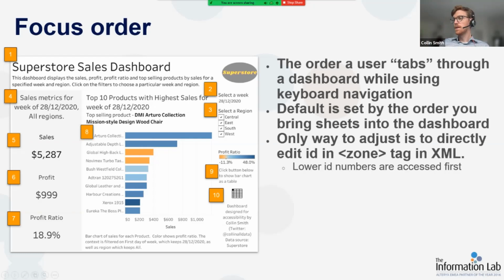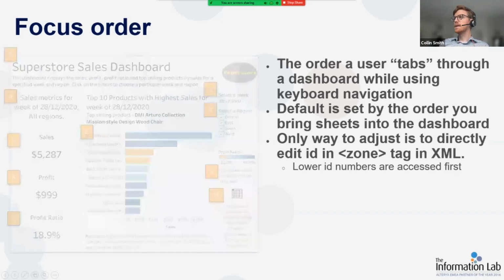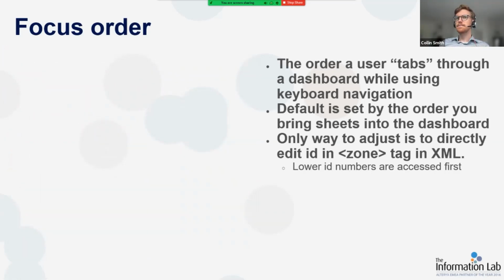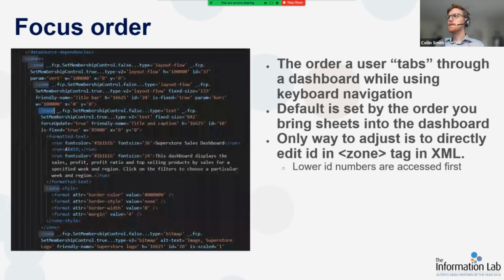The only way that you can directly adjust that is by editing the ID in the zone tag within the XML. And for those of you who haven't looked at the XML before, this is what the XML for a Tableau dashboard looks like. So these are all the instructions and settings that Tableau reads to create a dashboard. And it's this zone tag right here that determines the order that a dashboard will get shown in. It's particularly the ID attribute within that.